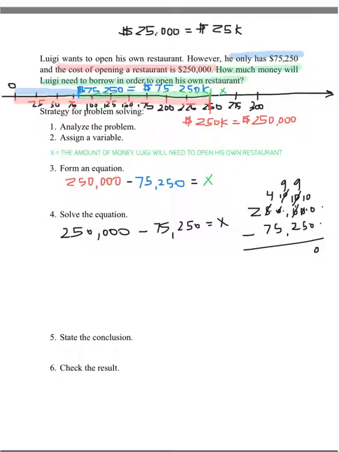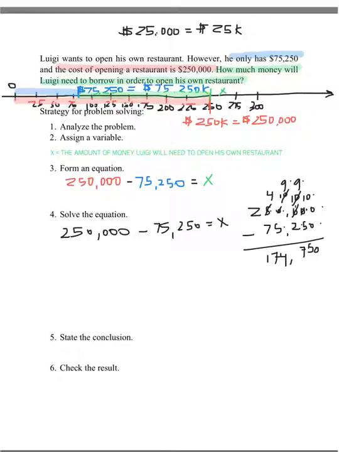So now we have 10 minus 5, which gives us 5. We'll have 9 minus 2 gives us 7. Go ahead and bring the comma down for the placeholder. Then we'll have 9 minus 5, which gives us 4. And then a 24 minus a 7 gives us a 17.